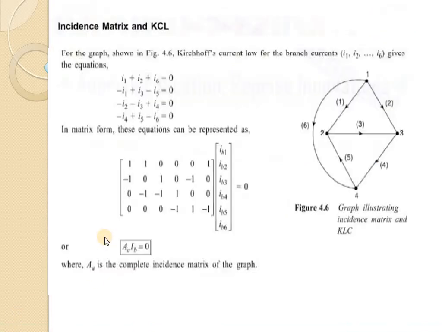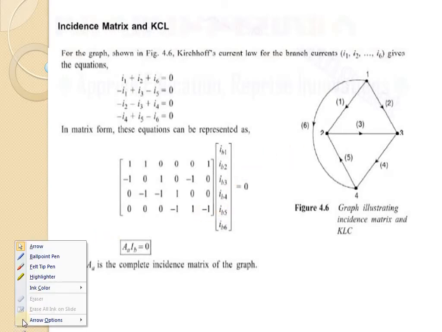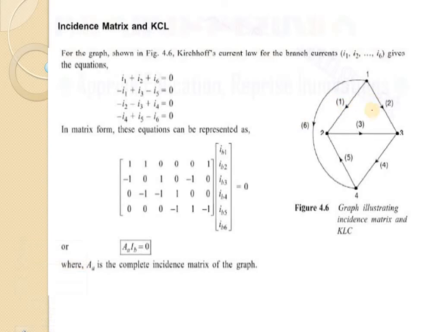So we will start with the incidence matrix and KCL, Kirchhoff's current law. For the given graph, shown in figure 4.6, Kirchhoff's current law for the branches I1, I2, I3, I4, I5 and I6 gives the following equations. Here I1, I2 and I6 are all connected at node 1.